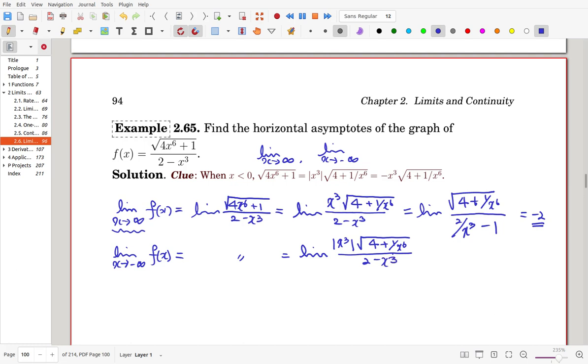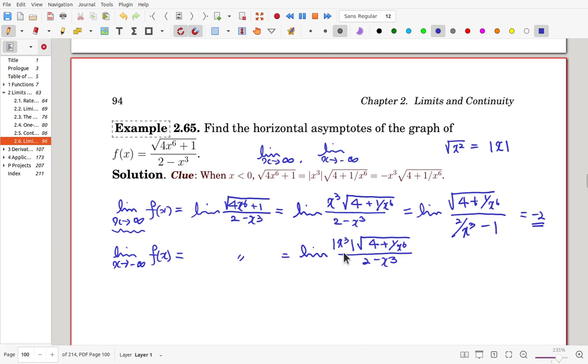You have to be careful because x itself is negative and x cubed is also negative, but you have to put the absolute value, the positive value. That is exactly what happens when you are dealing with, for example, the square root of x squared, which is not the same as x. In fact, it's the same as the absolute value of x. But here we didn't put the absolute sign because x is positive.